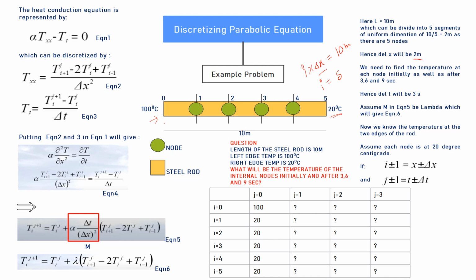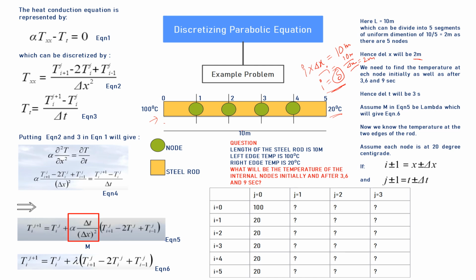If I take the left hand side node as 0, then the total number of nodes is I equal to 5, right? If we begin from 0, we will end on 5. This can be found from here: I is equal to 10 meters by del x, and del x is 2 meters, so I will be equal to 5.